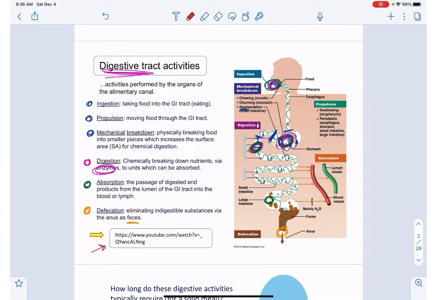It's from the perspective of a baby eating food, but it goes inside the digestive tract and shows all of the secretion, all of the mechanical breakdown, all of the mixing that's going on.